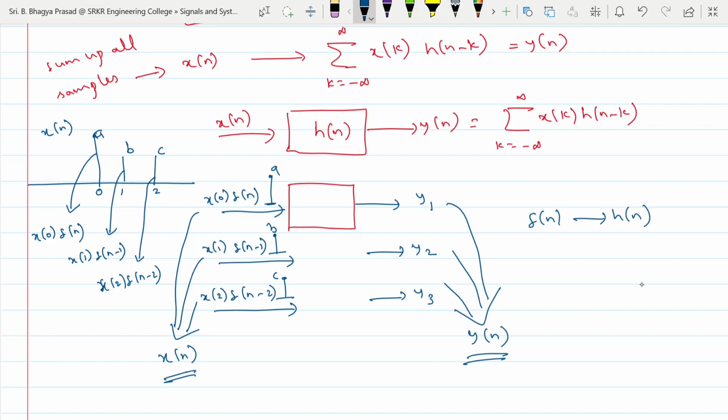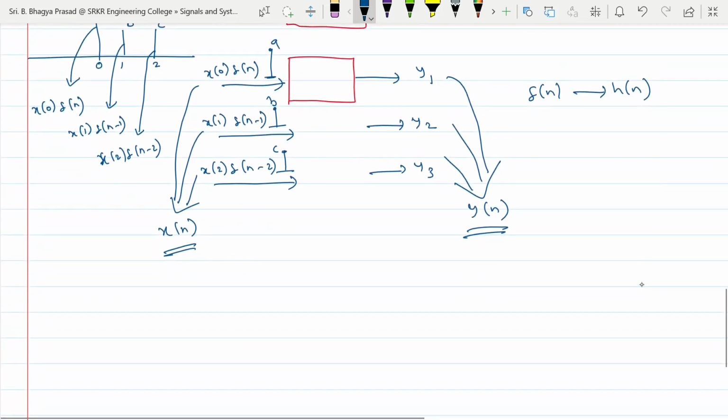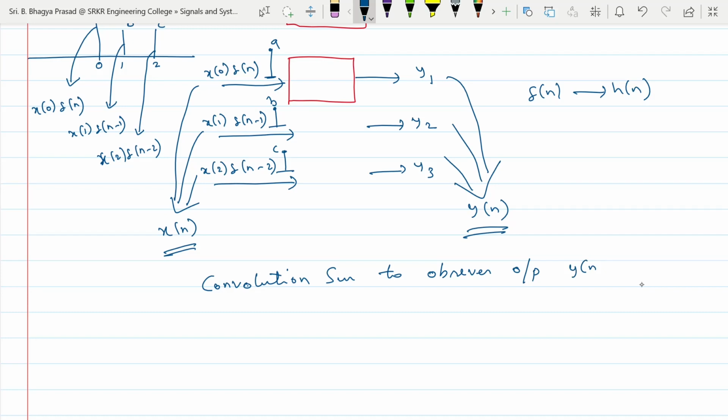So in the aspect of signal analysis, for any signal x[n], if the system is a linear time invariant system, you can apply the convolution sum to observe the output y[n].